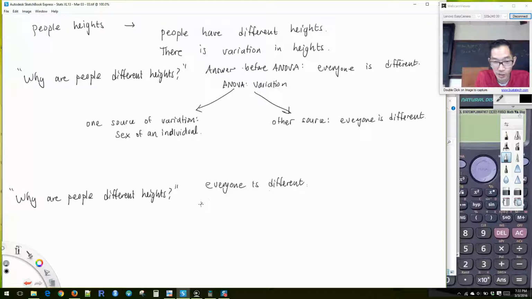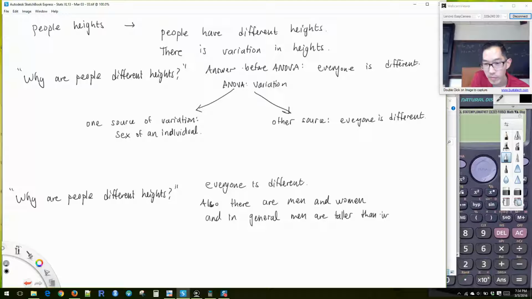Okay. Also, there are men and women, or boys and girls. This sounds more ridiculous when I say it out loud. Also, there are men and women, and in general, men are taller than women. Okay, and so with ANOVA, we will be breaking apart the variation into different sources.